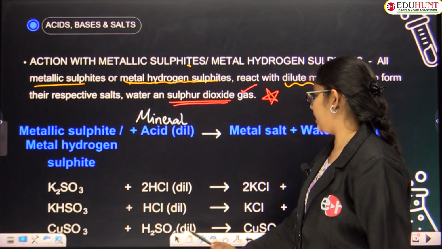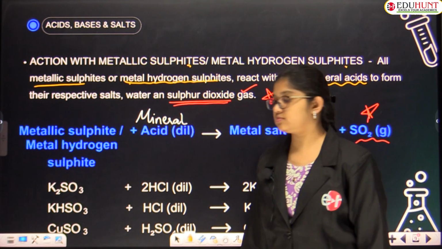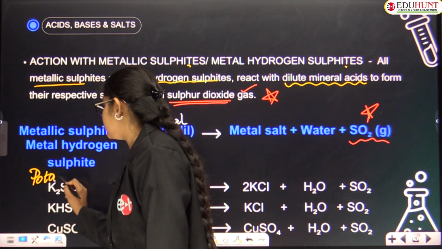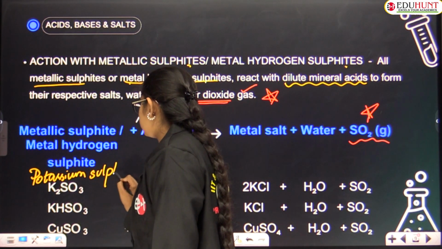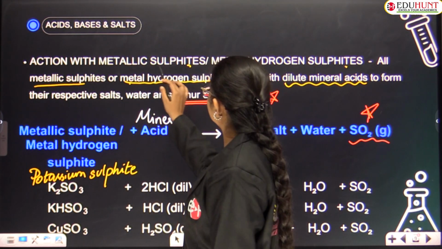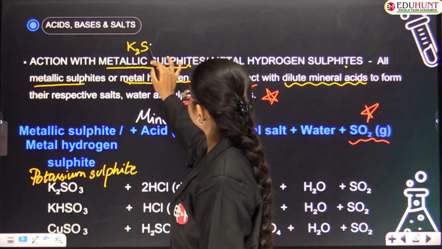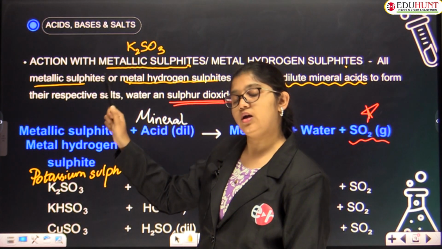The first example is K2SO3. What is K2SO3? K2SO3 is named potassium sulfite. Previous one, K2CO3, was potassium carbonate.